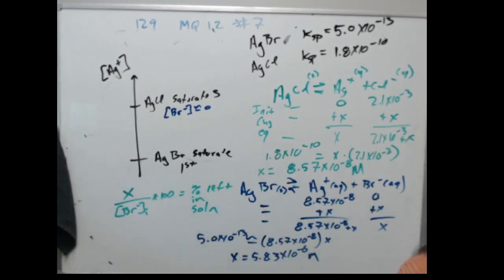I think this is going to be a really small percentage. So I'm going to do 5.83 times 10 to the minus 6 divided by the initial concentration you were given, which was 2.1 times 10 to the minus 3. And I get 2.77 times 10 to the minus 3. I forgot to multiply by 100. So that's going to be 0.277%.